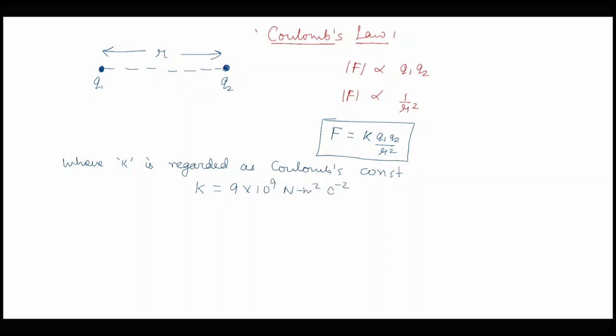So now we will read about K in detail. Let us understand the Coulomb constant. When we say F is equal to K Q1 Q2 by r square, we can write it as 1 upon 4 pi epsilon naught epsilon r, Q1 Q2 by r square.